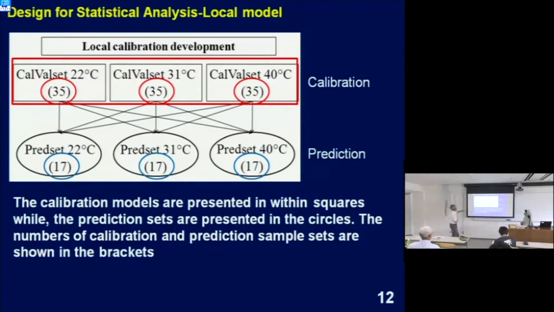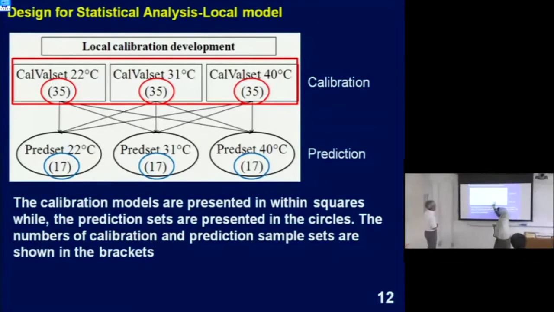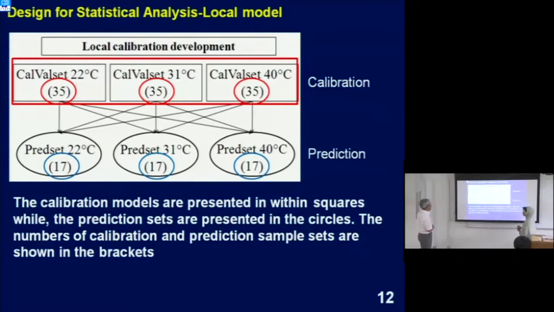This sentence, okay: the calibration models are presented in squares. Why? Square. Why? You don't need this.